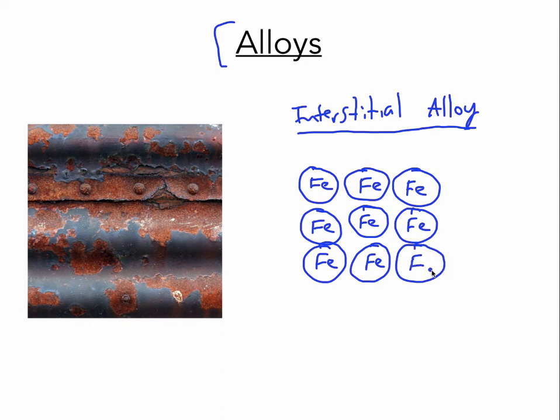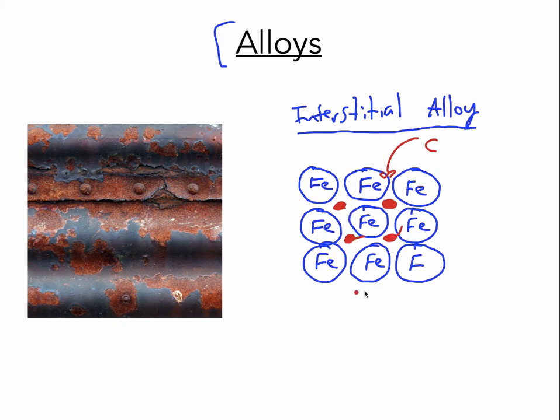And it's interstitial in the sense that these regions are called the interstitial spaces. And smacked in these regions are little carbon atoms. Okay? So we did not remove any iron atoms. We just snuck some carbons, which are a much smaller atom, in these interstitial spaces.